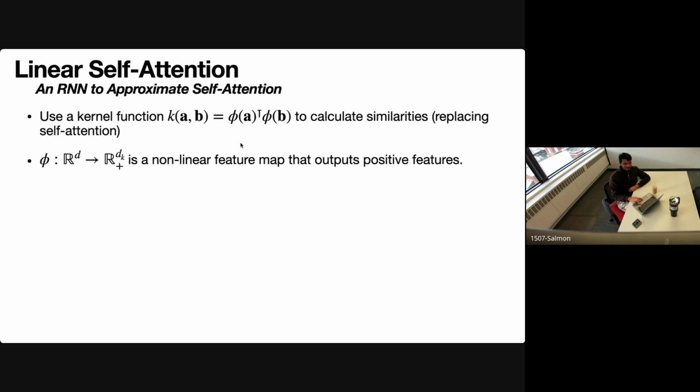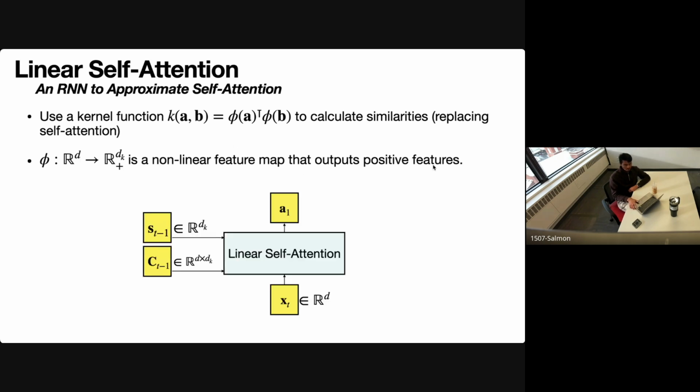And the definition for this feature map phi is that it's a non-linear feature map that outputs positive features. So the change from a vanilla self-attention to a linear self-attention layer is, mechanically, that the input can now be processed sequentially, one at a time, and the state that the self-attention layer uses is of fixed size.